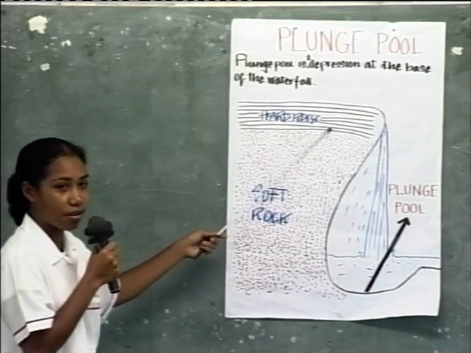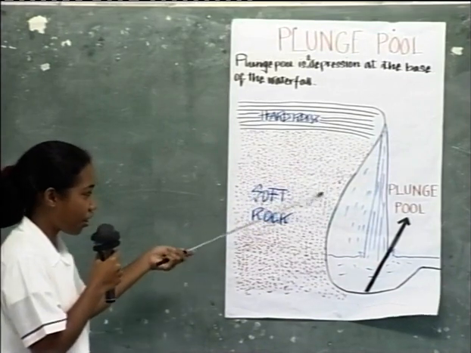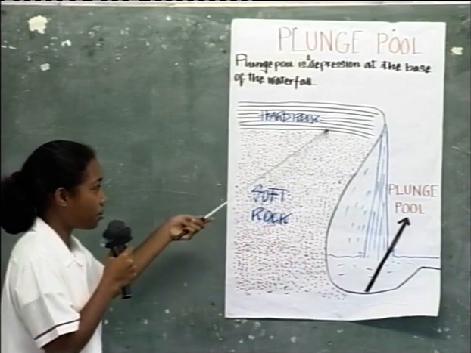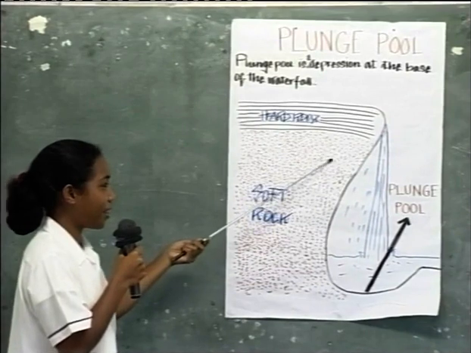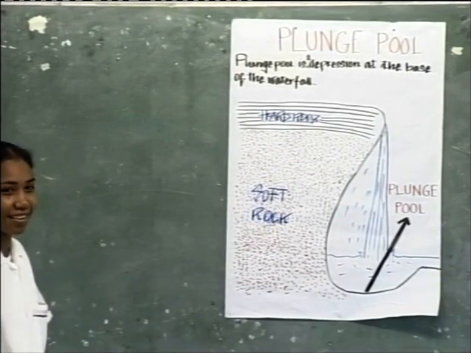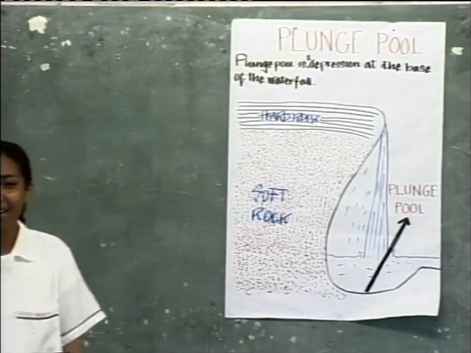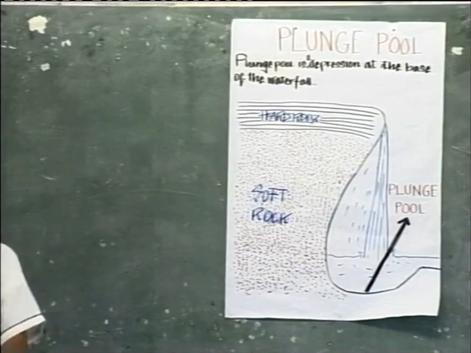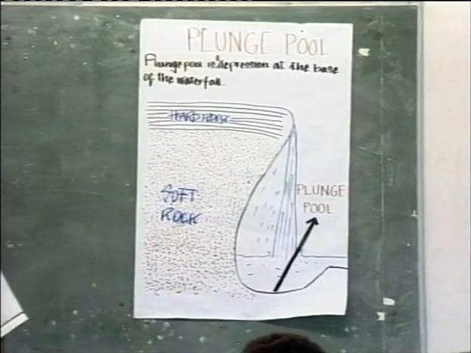The hard rock erodes gradually because the soft rock undercuts it, and so there's nothing holding it, so it's weak, and it falls down. Does that answer your question, Val? Okay.